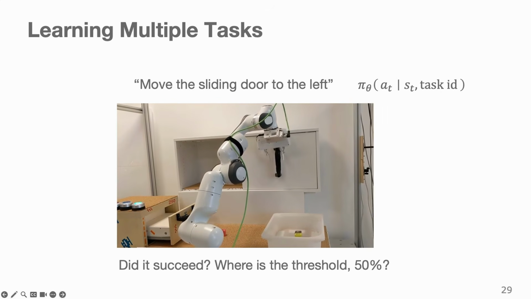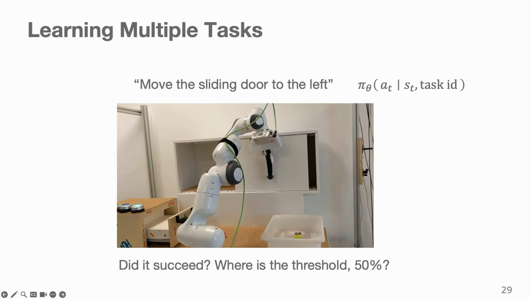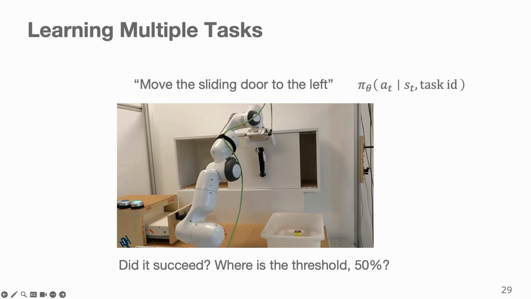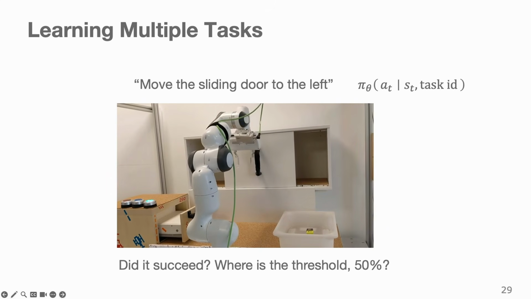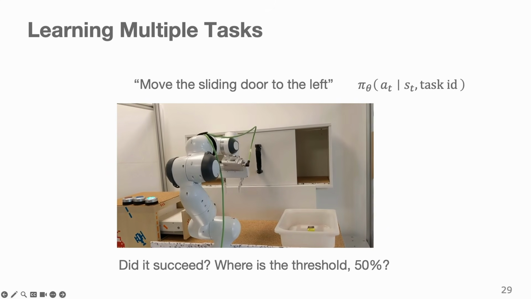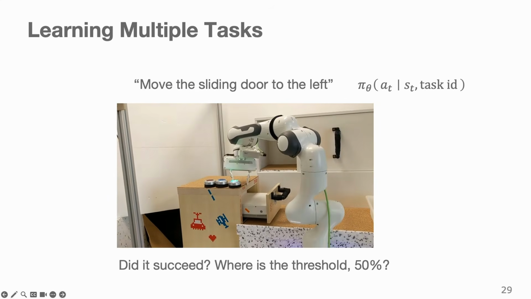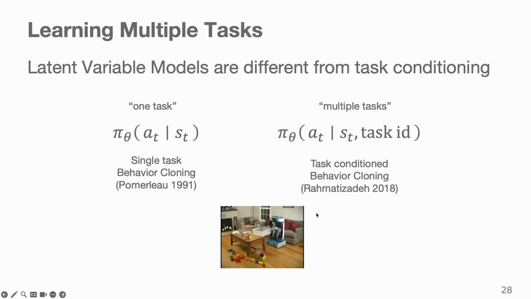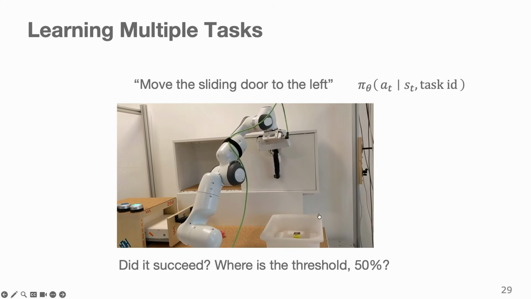Okay, so imagine that now we actually want to learn multiple tasks with our policy, right? And imagine that the task is to move the sliding door to the left. So imagine this is our task ID, and we are modeling this distribution. One thing to note here is that in the real world, it's difficult to define task success, right?